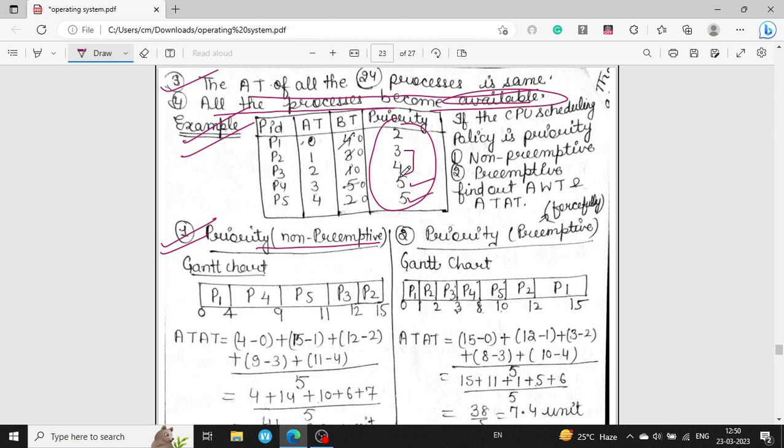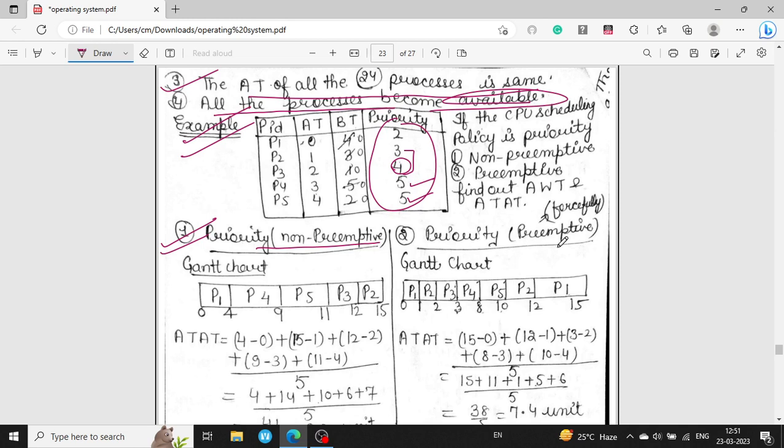You can see here next smaller number after 5, that is 4. So that's why we give P3 preference. 12 second, 1 second it will use CPU and then release, and then at the end P2 will use the CPU for 3 seconds. And this is the Gantt chart of priority with non-preemptive mode.